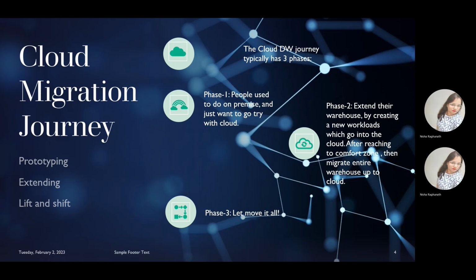When the first two phases, prototyping and extending, are successful, we have gained the confidence, and all the data and processes can be moved to the cloud, and the on-premise data warehouse can be discontinued. So these are the three phases of the cloud migration journey.